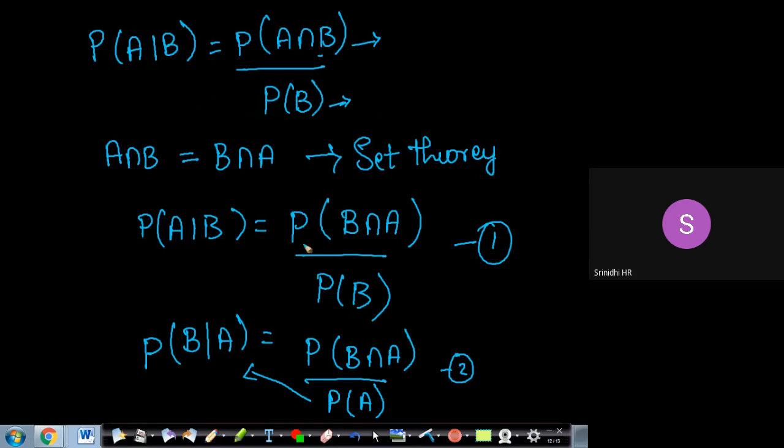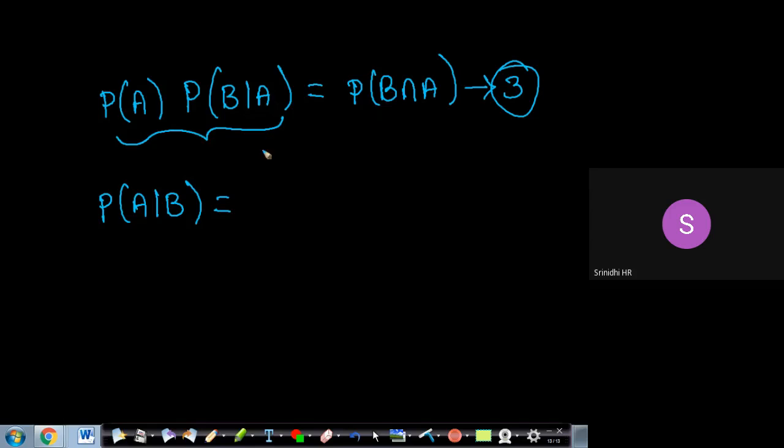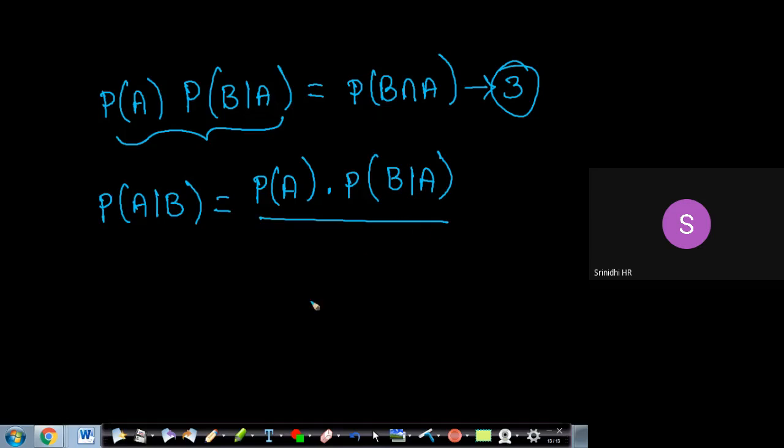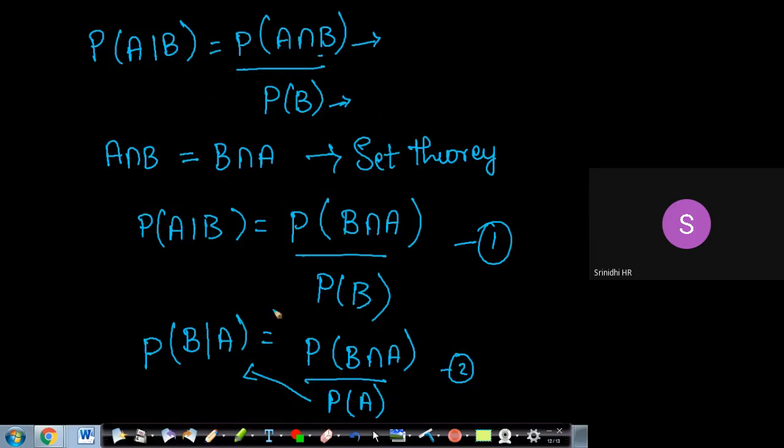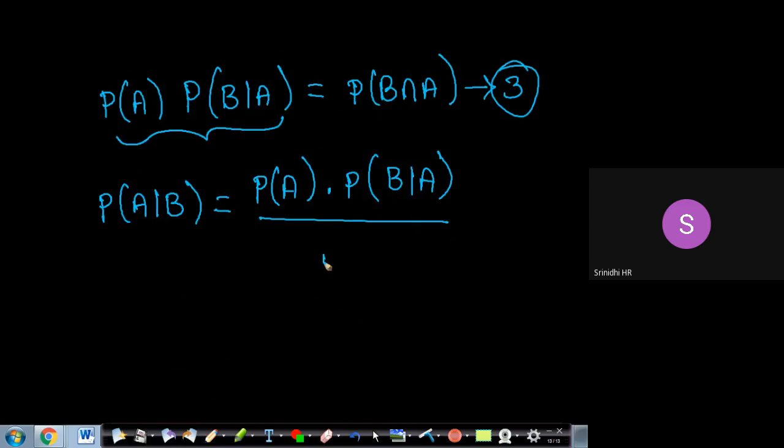Probability of B intersection A, which I am replacing with probability of A into probability of B given A. What was the denominator in equation 1? Probability of B. Sir, I have a doubt. Yes, I'll come back to it. Probability of B. This is your Bayes theorem.